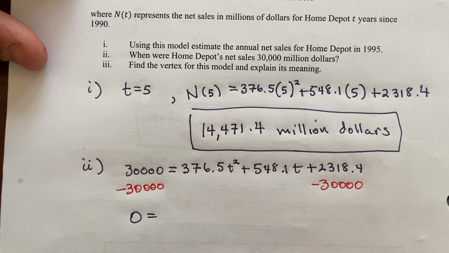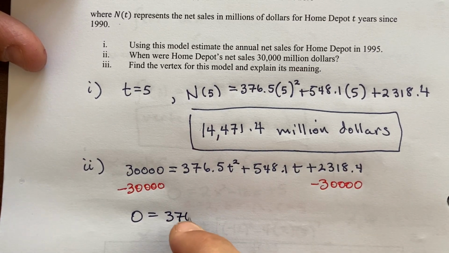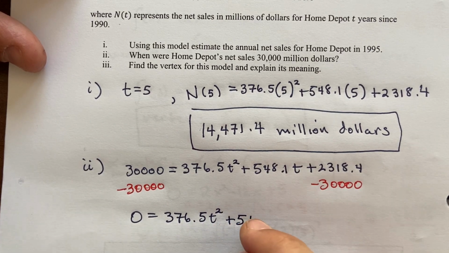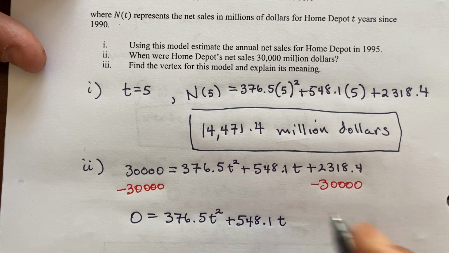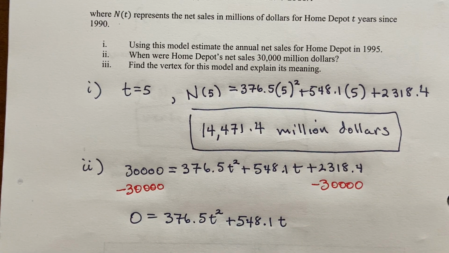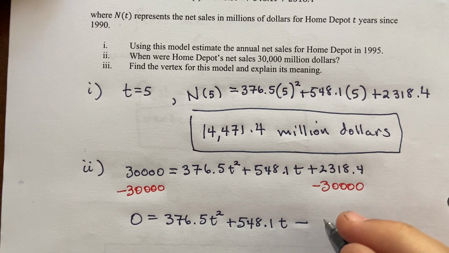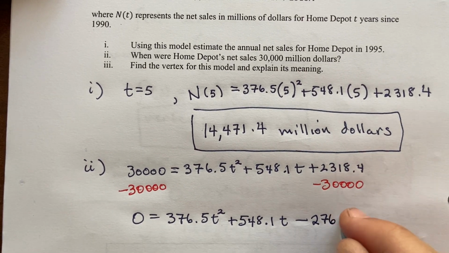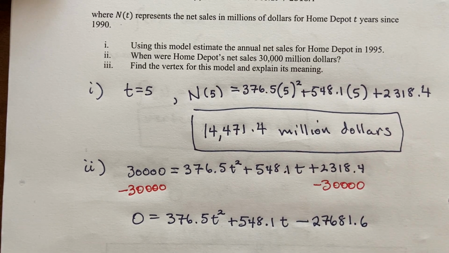So 0 would equal 376.5 times t squared plus 548.1 times t. And then let's figure out this difference. Minus 30,000. So this is negative 27,681.6.